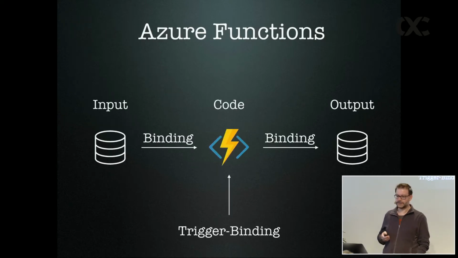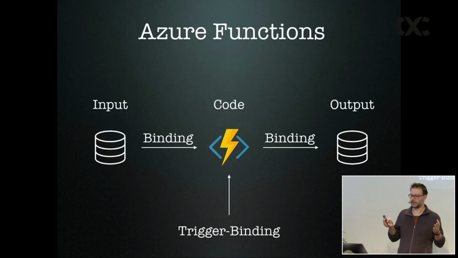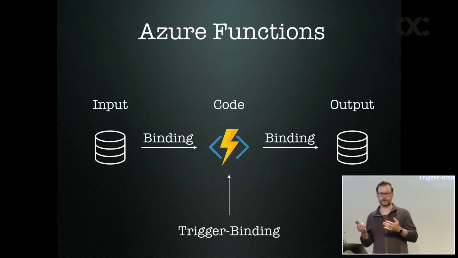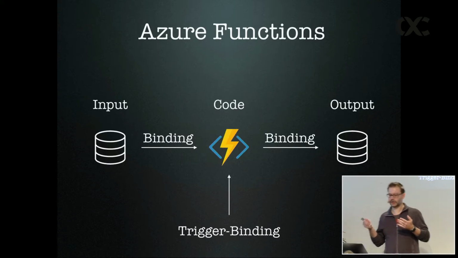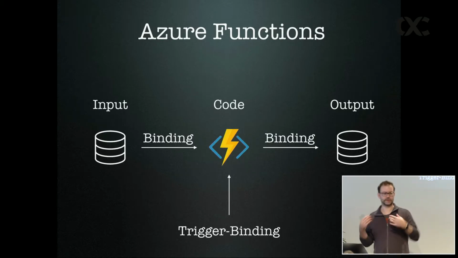No need to learn anything else to run that on the platform. How does it work in detail? On a high-level abstraction, that's your code in the middle, and you have some bindings. The bindings tell the runtime how the input gets into your function and the output gets out of your function. Then you have a trigger binding which tells the runtime how your function is triggered.